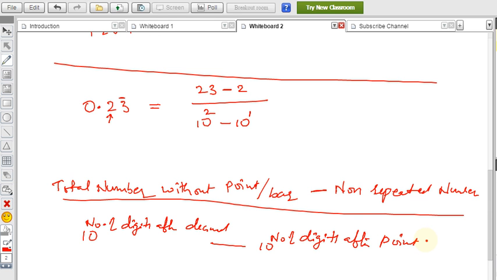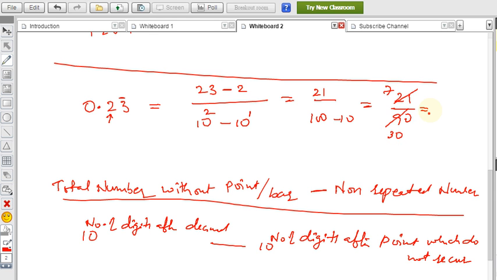Recurring means they repeat. So 23 minus 2 is 21 by 10 power 2 minus 10 power 1, that is 100 minus 10. 21 by 90. If you simplify, 3 times 7 is 21 and 3 times 30 is 90, so 7 by 30.